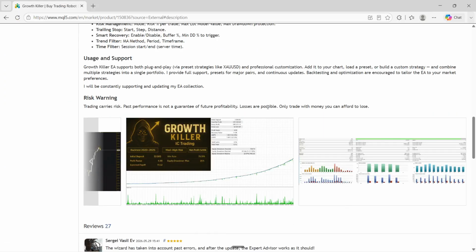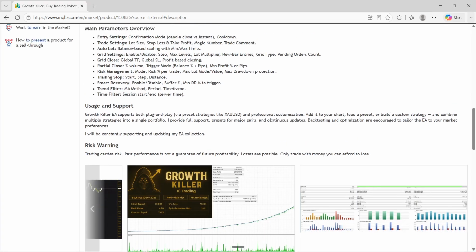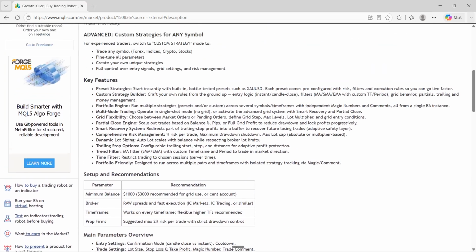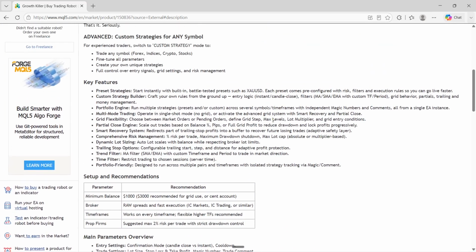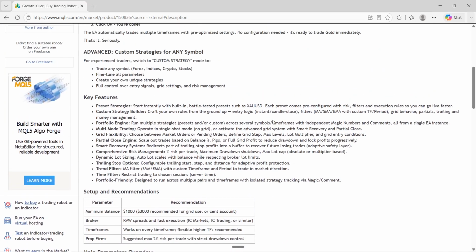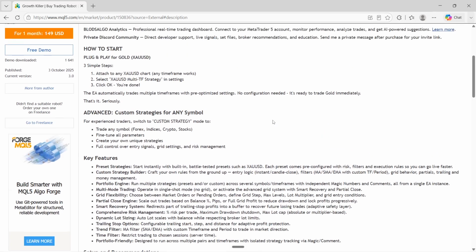So honestly, the features that matter most are whether the grid and smart recovery are enabled, the maximum levels and lot multiplier, the risk percentage or max drawdown shutdown, and thorough verification that the EA actually trades on your broker and data. The portfolio and custom builder flexibility is useful only if each configuration is independently validated.